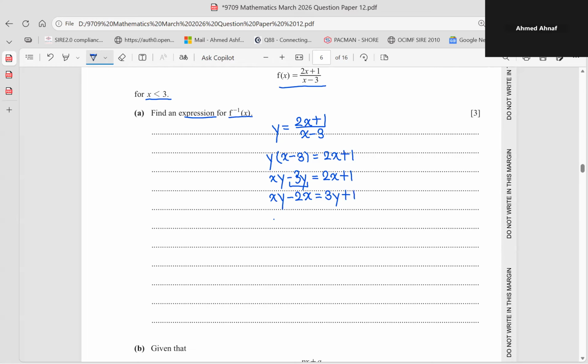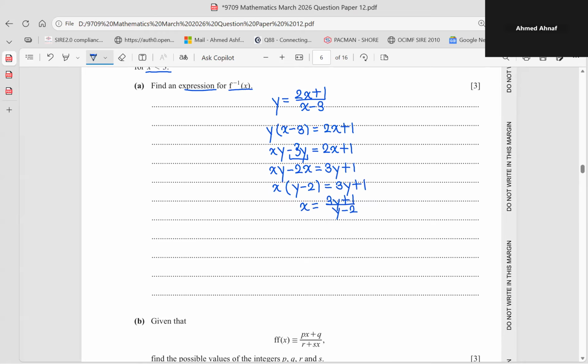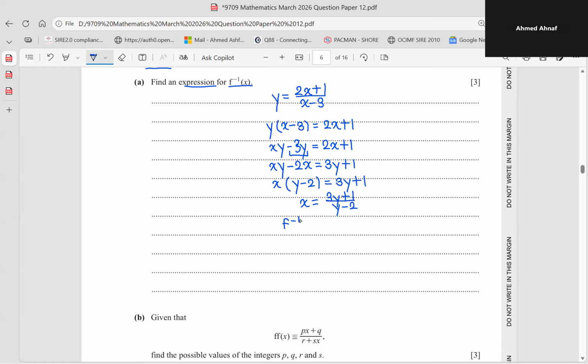Okay, now factorize out the x. So x times y minus 2 equals 3y plus 1. Divide by y minus 2 on both sides, you get x equals 3y plus 1 over y minus 2. And the final step would be to replace the x with f inverse x and all the y's with x. So f inverse x is 3x plus 1 over x minus 2.